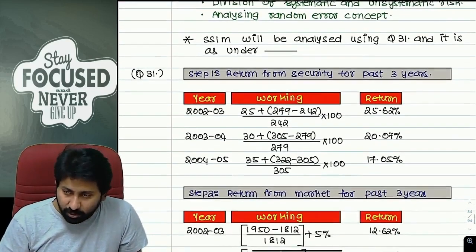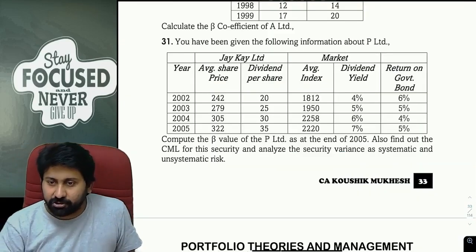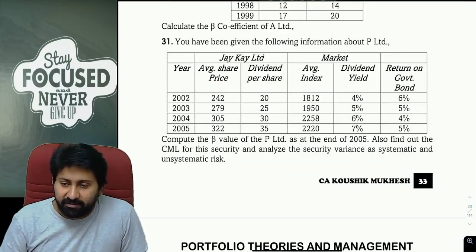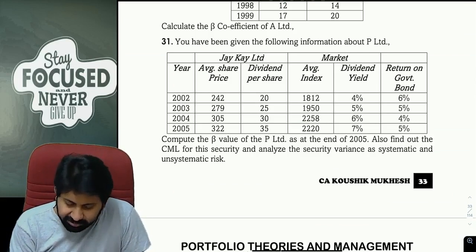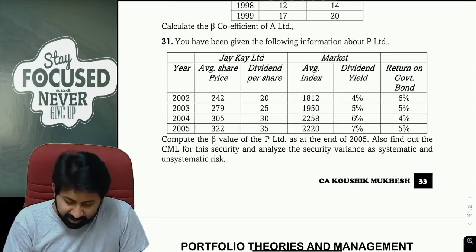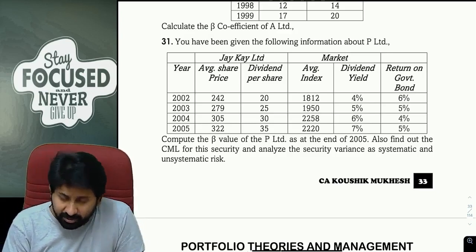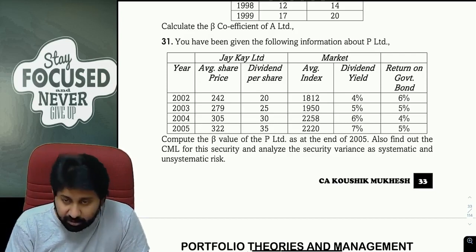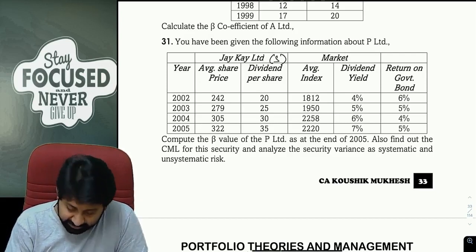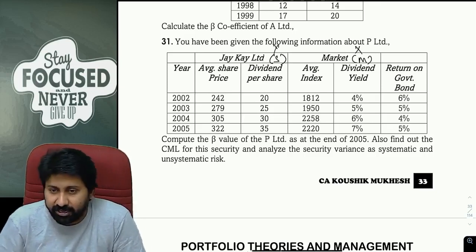Let us start with question number 31. See here, this is question number 31. This question is there in the study material also. Names may change. I am taking it from the past study material. There they use JK Limited. JK Limited is a security, and the market could be M or X, Y, anything you can take.